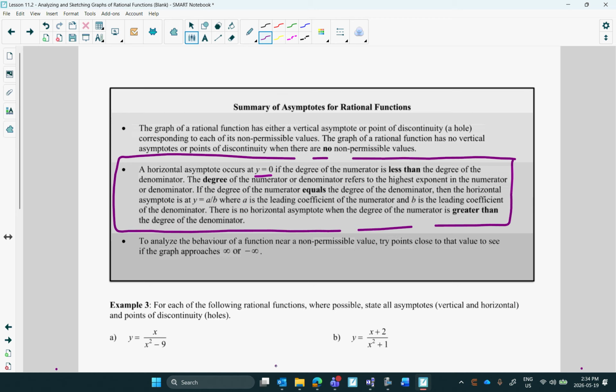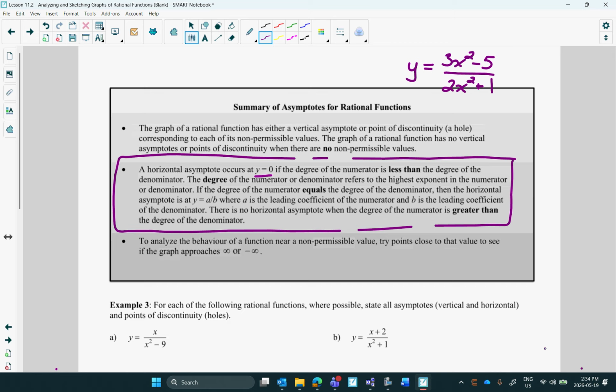So for example, if I said this, here the degrees are the same, right? Divide the numbers in front. So it'd be 3 divided by 2, or 1.5, or you could leave it as 3/2.